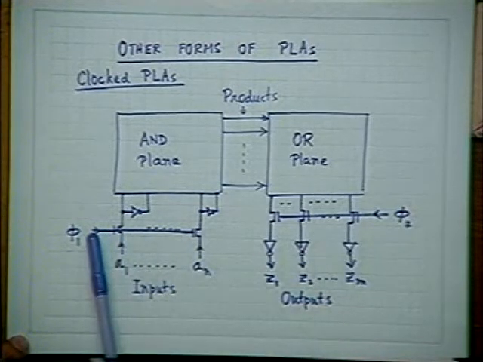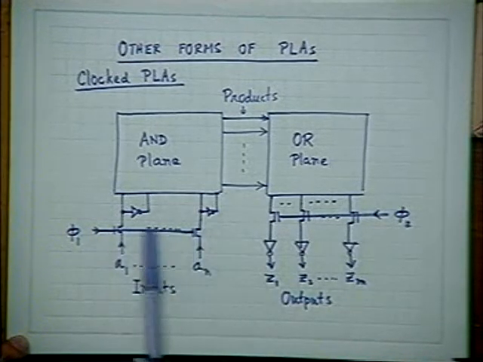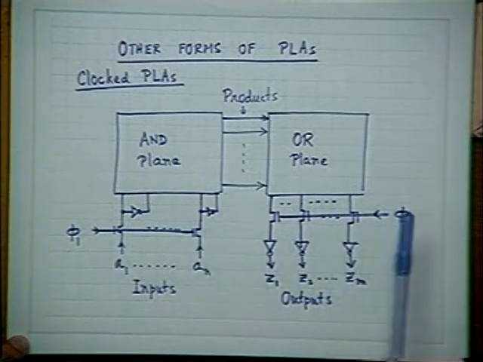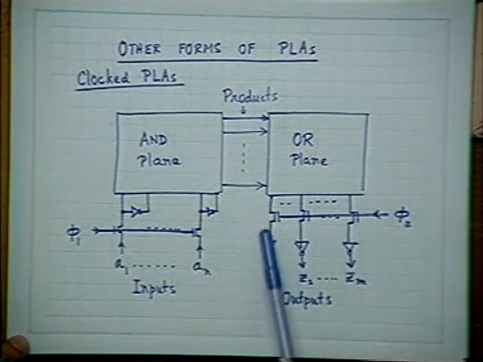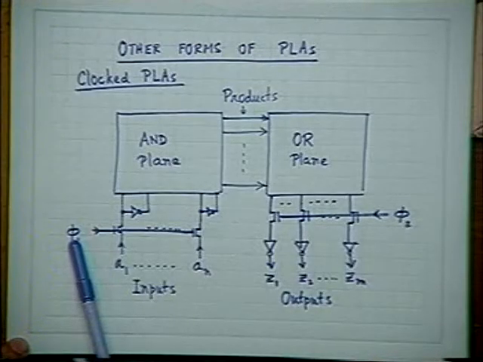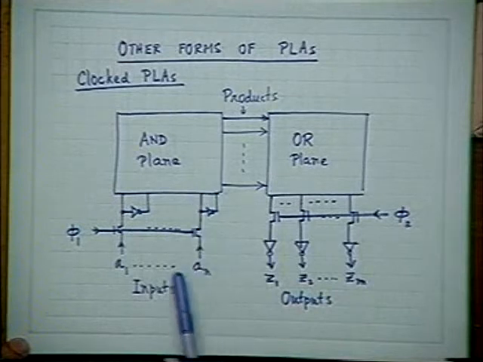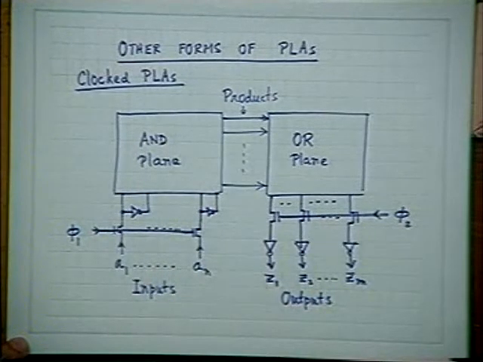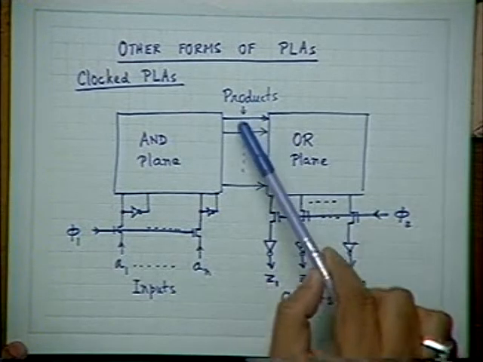So when phi 1 is high, these transistors are all on, but phi 2 is then off. Therefore, all the output transistors remain off. When the AND plane is activated, the OR plane remains deactivated. So you make phi 1 on, the input signals are all transferred to the AND plane, and the AND plane takes some time to stabilize the products.